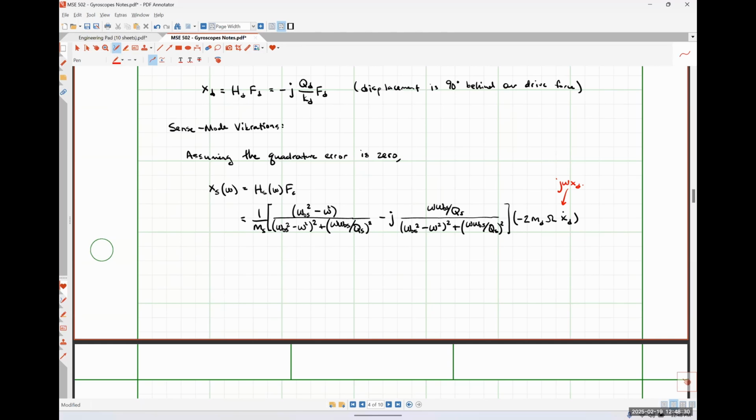So substituting that in, effectively, I'm going to be multiplying each of these terms by a factor of negative J and then adding the other parts in.